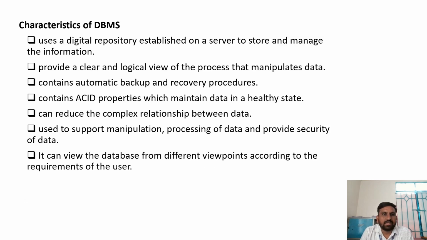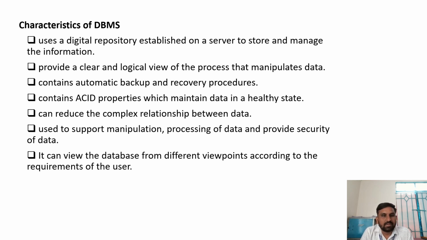Next is characteristics of DBMS. It uses a digital repository established on a server to store and manage the information. It provides a clear and logical view of the process that manipulates data. It contains automatic backup and recovery procedures.